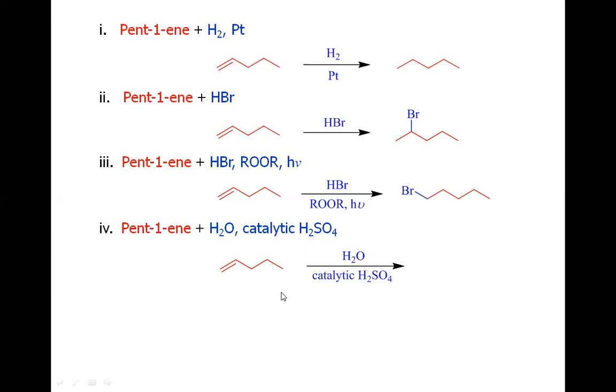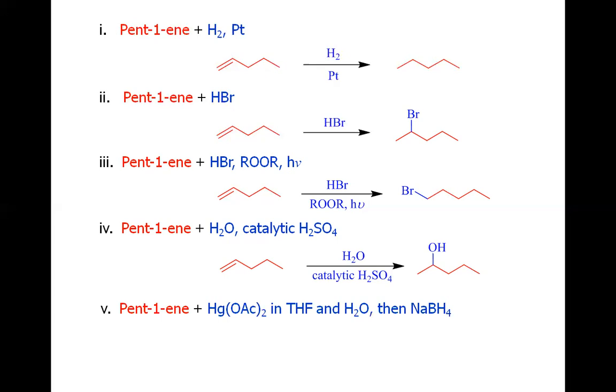Later, upon deprotonation, it will afford the secondary alcohol as the product. And again, this reaction is in accordance with the Markovnikov rule, which we have discussed in the video whose link I have shared.